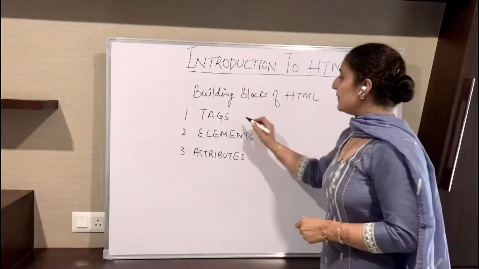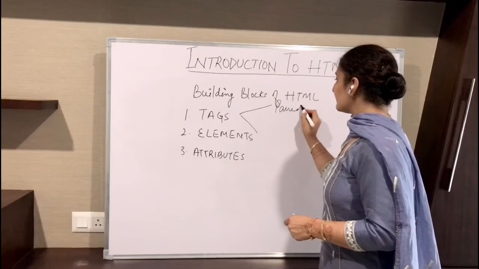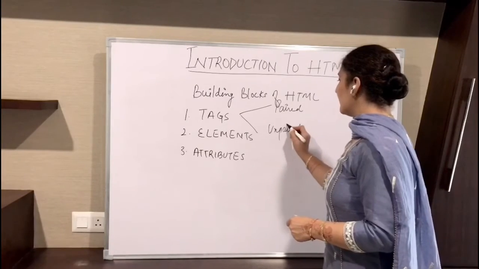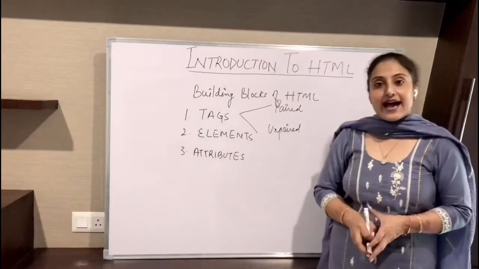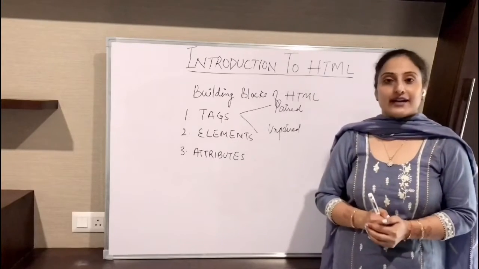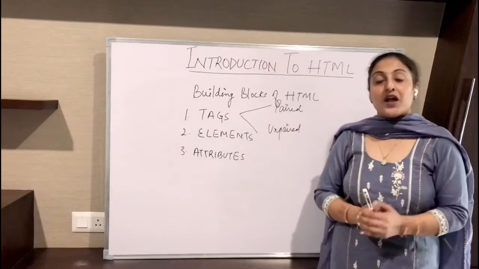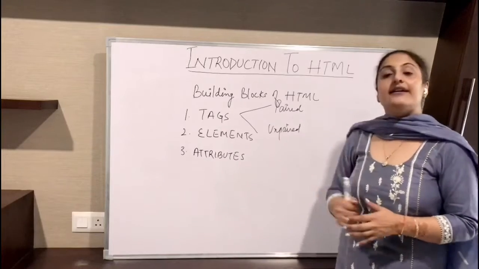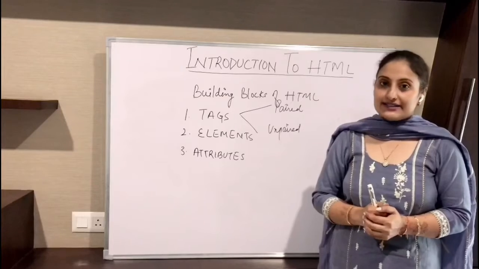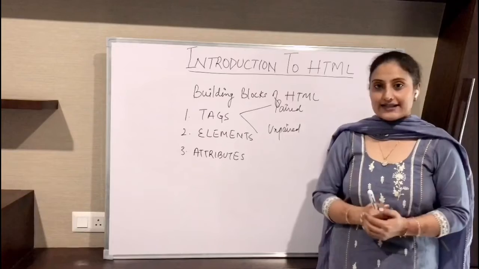Tags can be further subdivided into paired tags and unpaired tags. Paired tags are those tags that have a companion tag, that means an opening tag as well as a closing tag. On the contrary, unpaired tags are those tags which do not have a companion tag. They are also called singular tags or single tags.